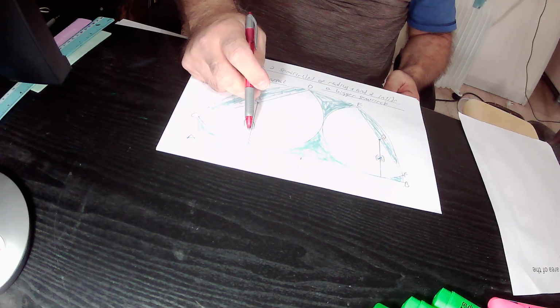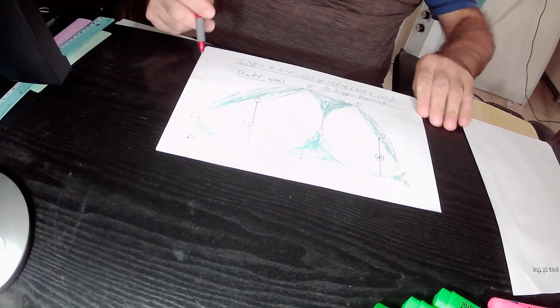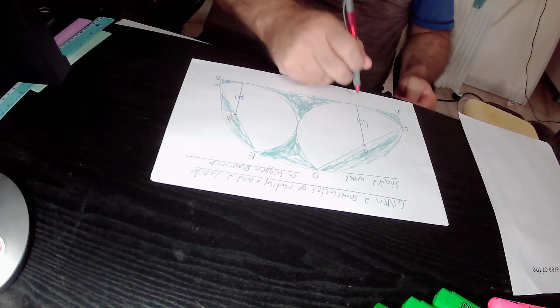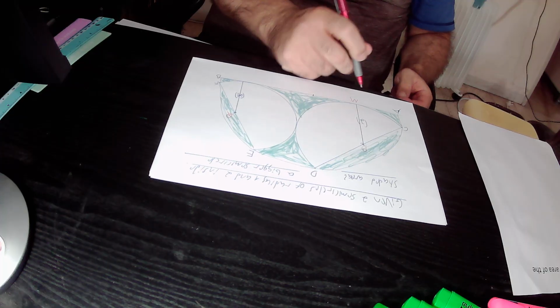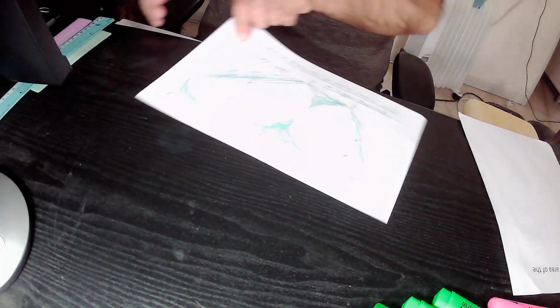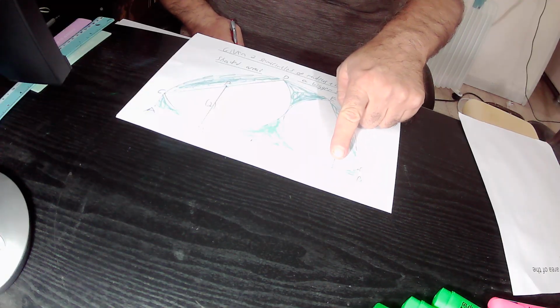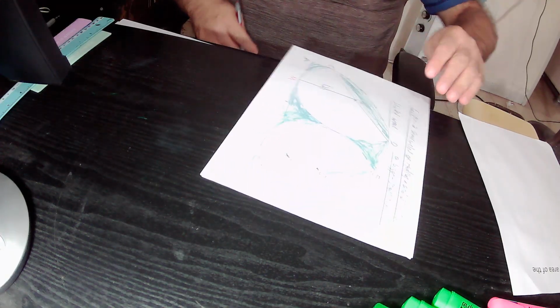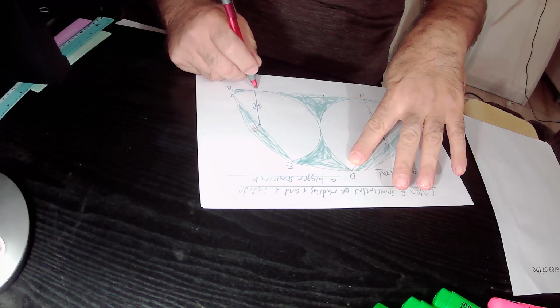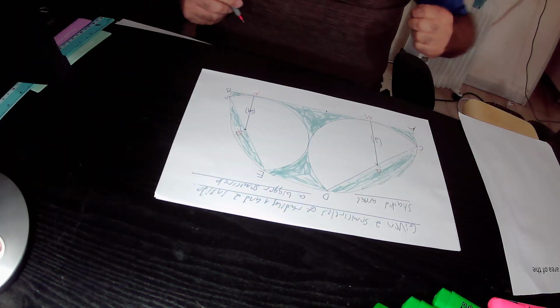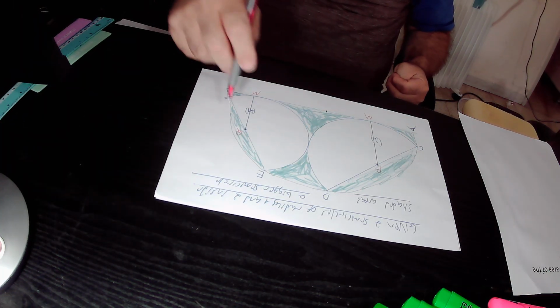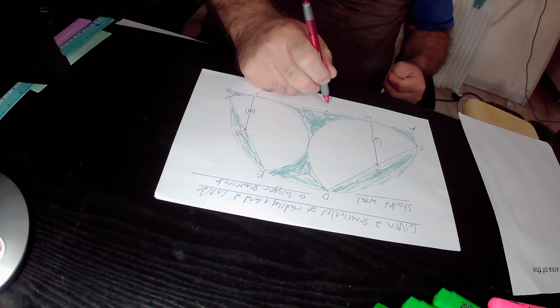This point is point M. And we define the point of tangency of tangent AB with this small circle. This point is point N. Likewise, we define the center of this biggest semicircle. This point is point O.